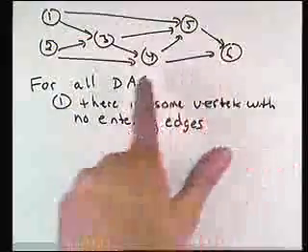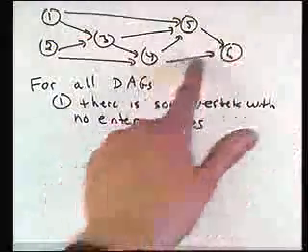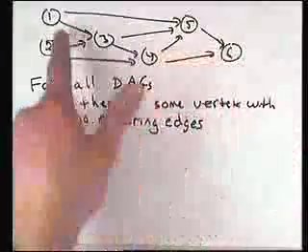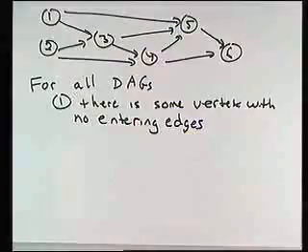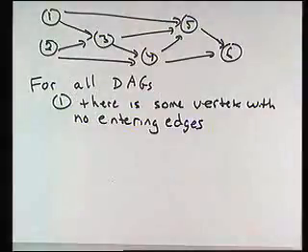I could have just pointed 6 to 4. So it's possible to have a cycle 4, 6, 4, and still have some vertices with no entering edges. But if every vertex has some entering edges, you've got a cycle for sure somewhere, and it won't be a directed acyclic graph.